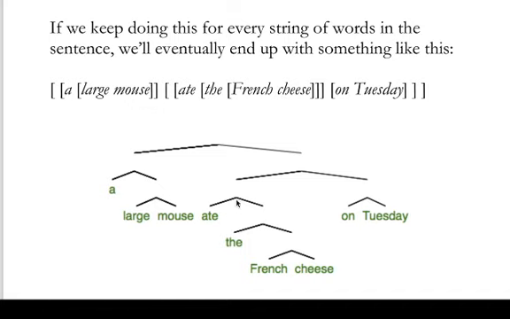The equivalent in this visual form is that there is some node in the tree that dominates, or is above, all and only the words ate the French cheese. So this is the constituent in the tree. This bracketing structure is the constituent in this notation, but these two theories, these two representations, are mathematically identical, right? So they're the same thing. We find this one easier to look at.